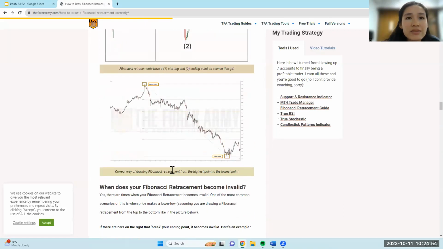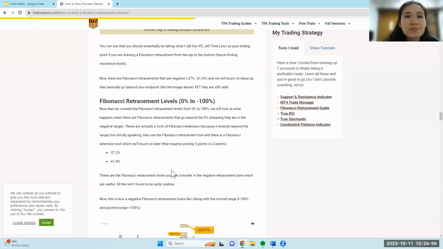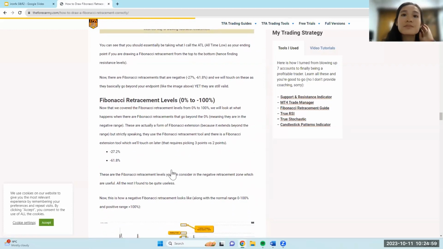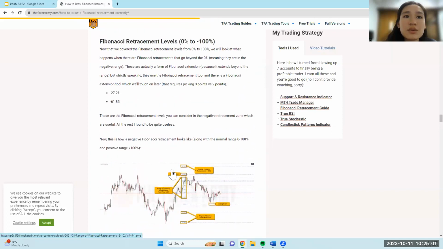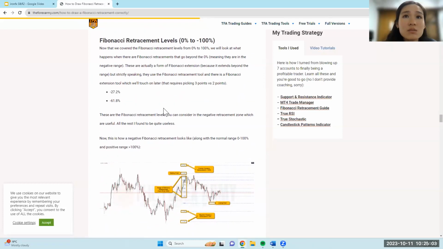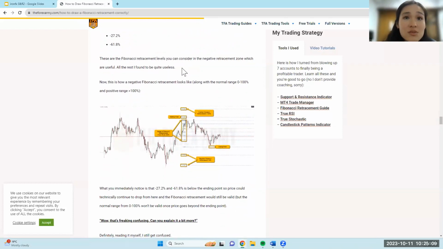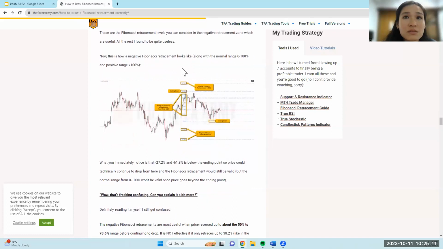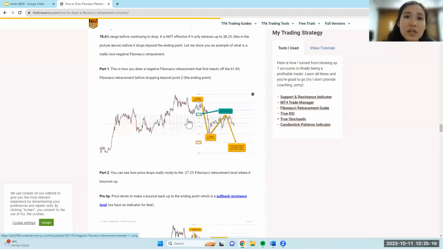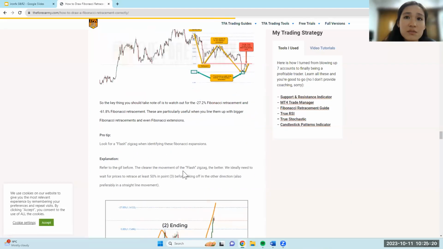Okay, we might not have that here. Okay, we have this. These are Fibonacci expansions. So they go from zero to the negatives. And these also use that same lightning bolt shape as the projection.